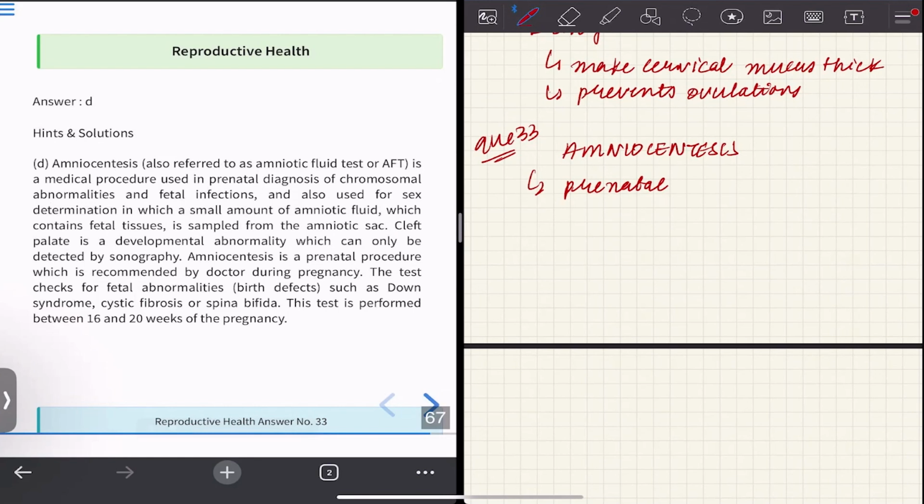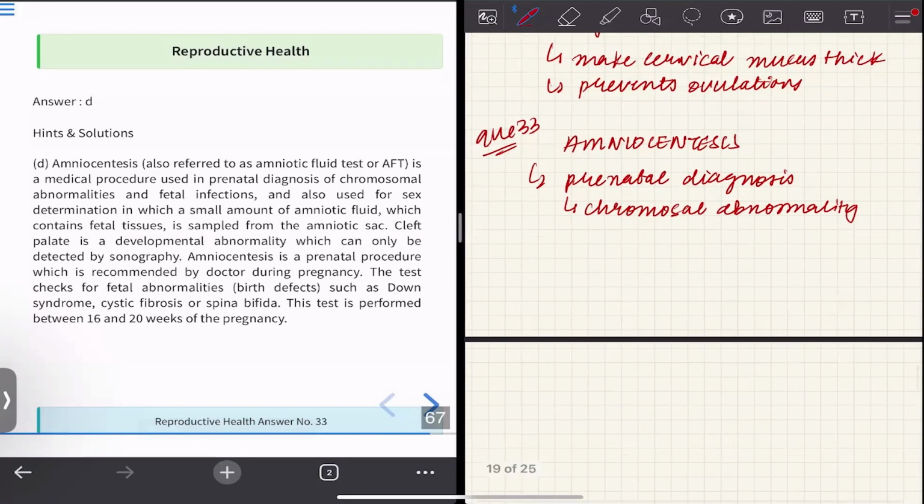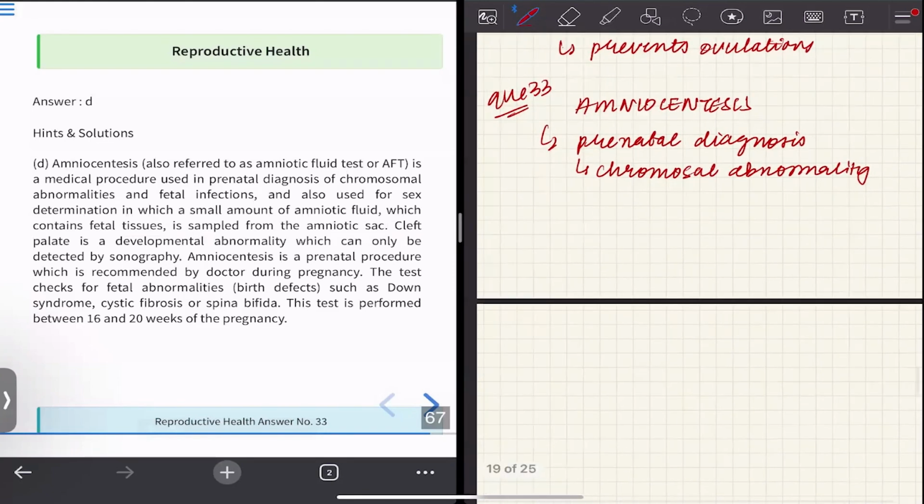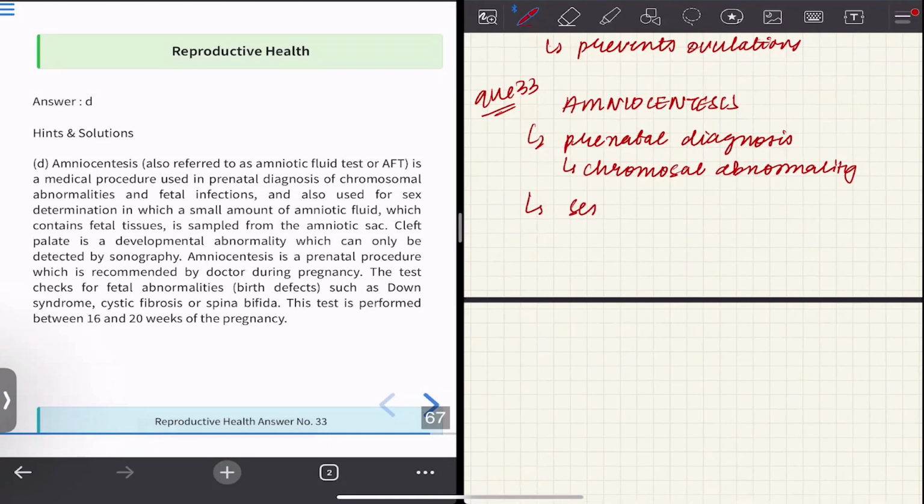We do it for diagnosis of chromosomal abnormality and fetal infections. It is also done for sex determination, and due to female feticide, this has been banned in India and it is illegal.